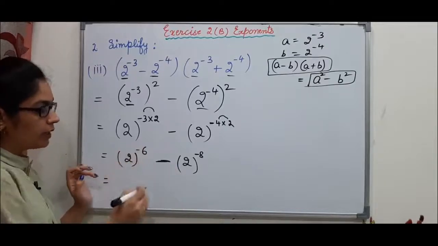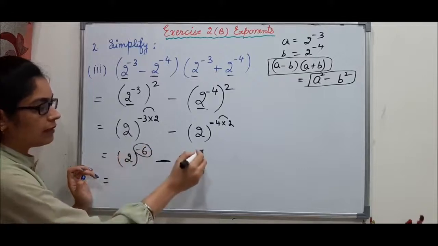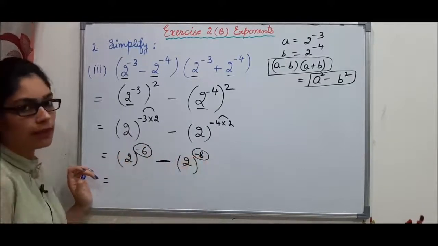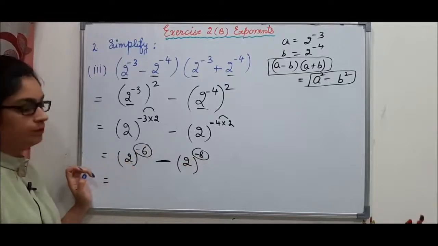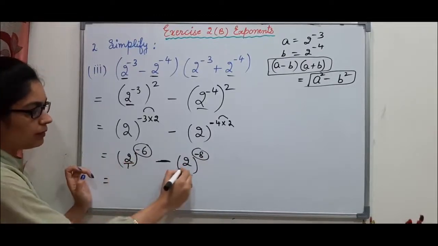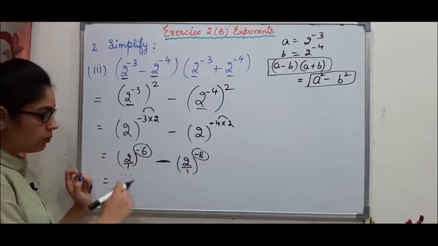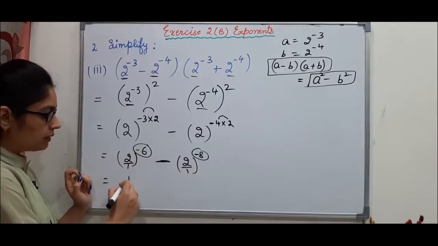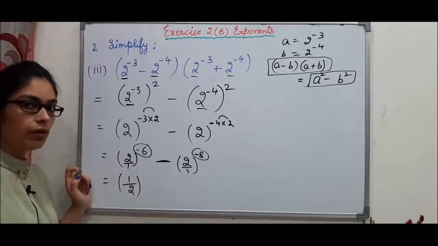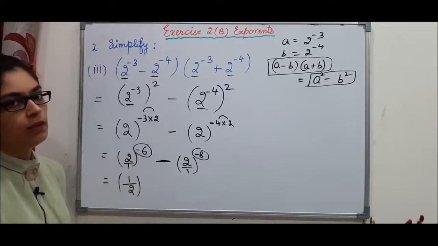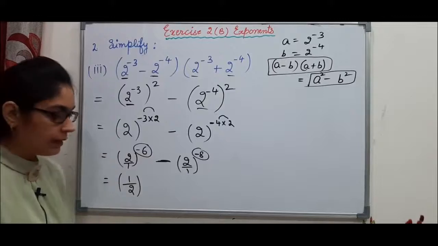Both the powers are negative, one is minus 6, the other is minus 8. So we can make these powers positive. 2 is 2 by 1, so I can write it as 2 by 1. If I do its reciprocal, the numerator will be changed to denominator and the denominator to numerator, interchanging numerator and denominator.